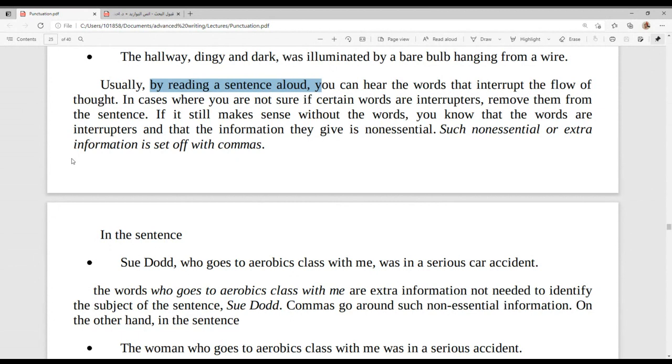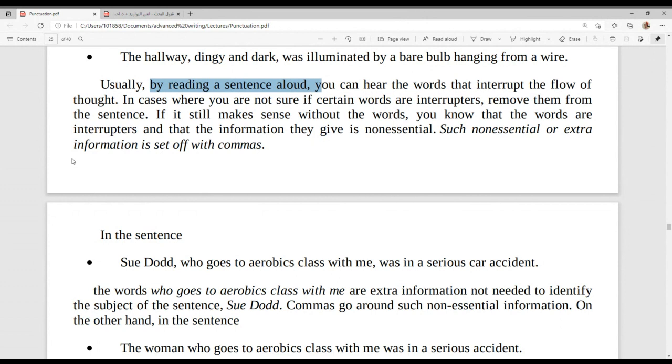The last resort is to read your sentence aloud. If you think these words may interrupt the train of thought, that means this is a parenthetical sentence or extra information about the head noun, so I have to place them between commas. If you are unsure about that, what is the solution? Omit them, no need for them, because they are extra information.